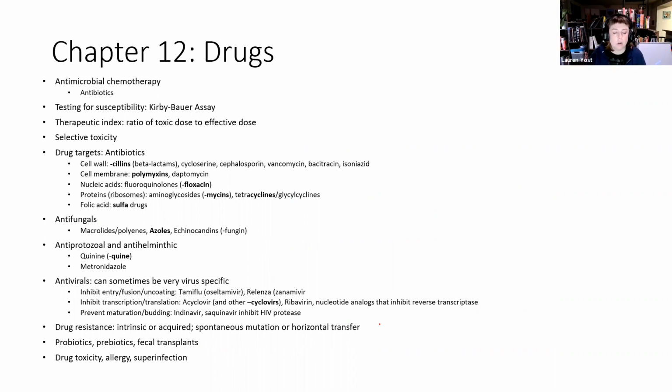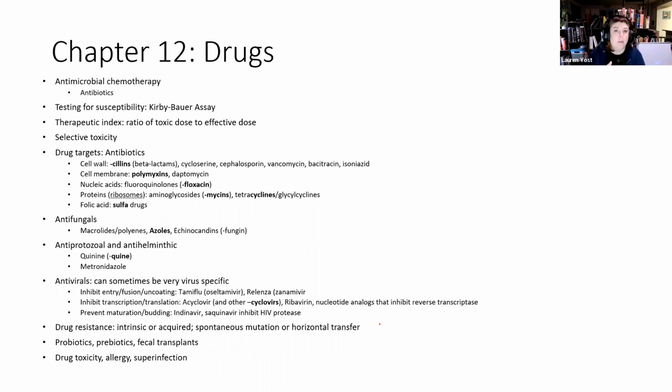I brought up antibiotics because it's the one that this chapter really focused the most on, but it could be anti-protozoal, it could be antifungal, it could be any of those. Everything falls under antimicrobial.